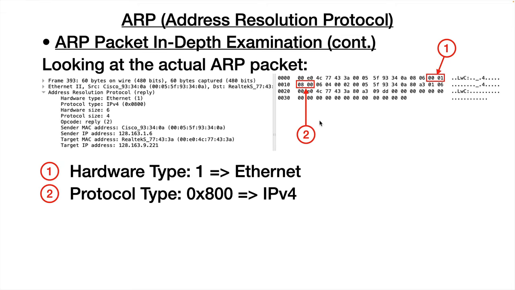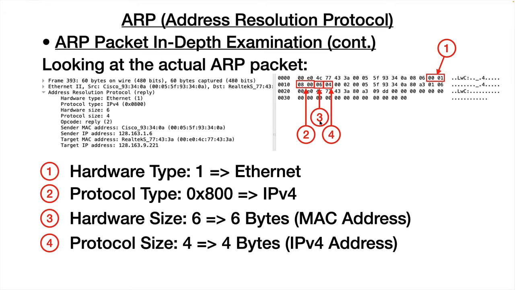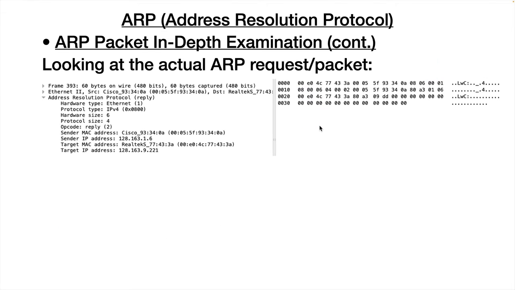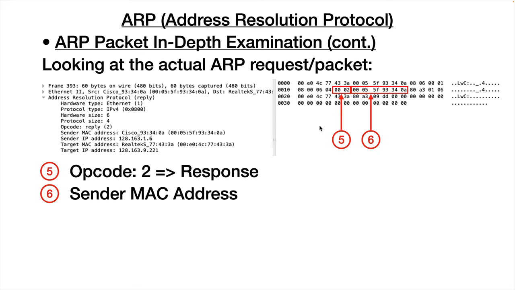The protocol we're using is IP version 4. The hardware size, the MAC address, is 6. The protocol size is 4 because we're dealing with IP version 4 addresses. The opcode is 2, so 1 was a request, 2 is a response.